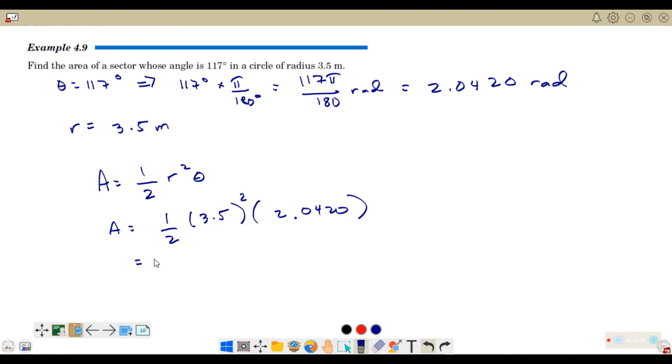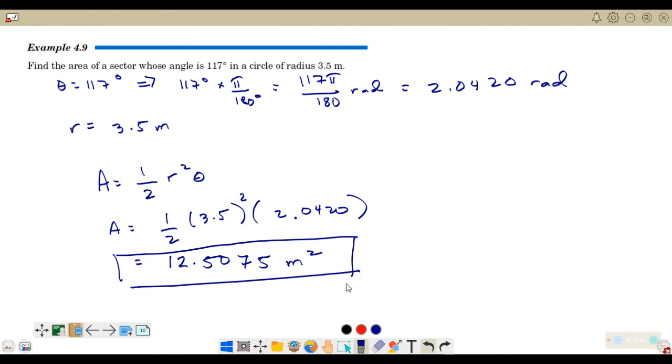Then, multiply it again by 1/2. So, you will be getting 12.5075 square meters according to my computation.